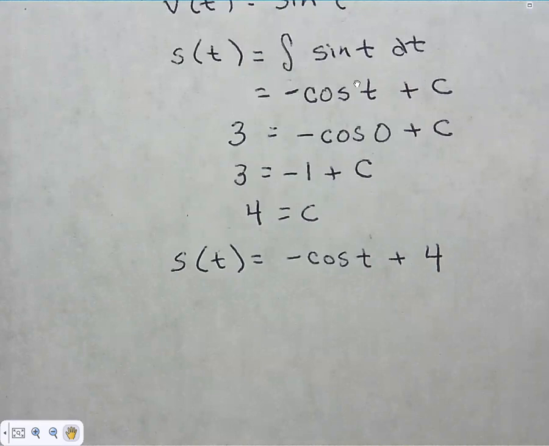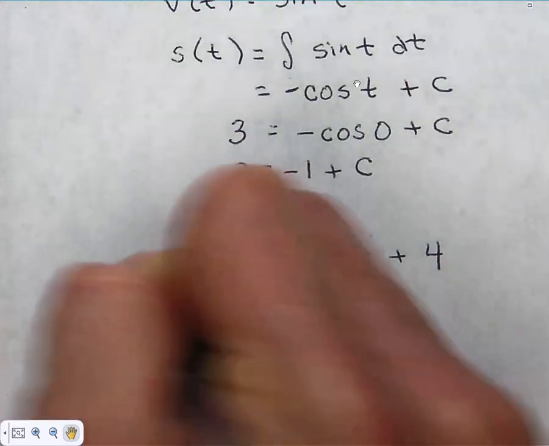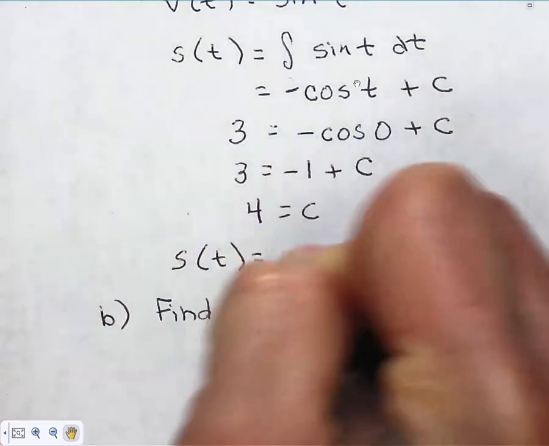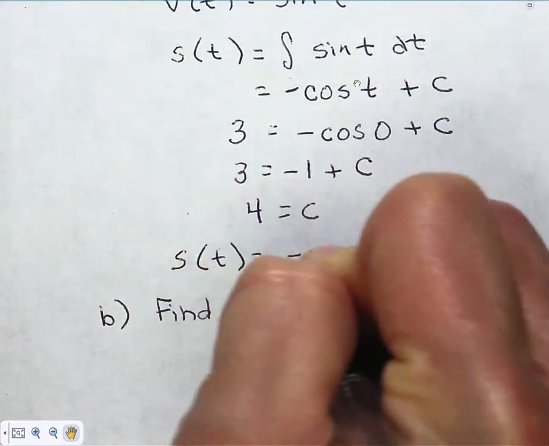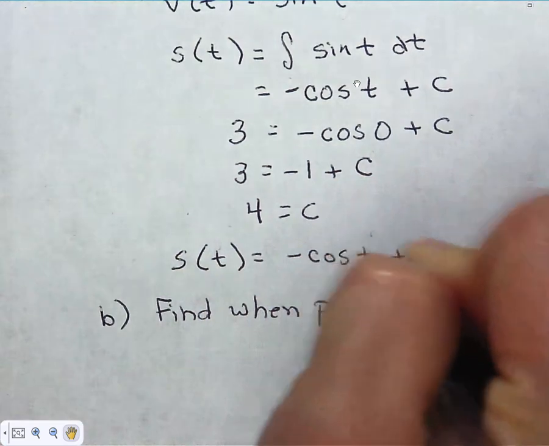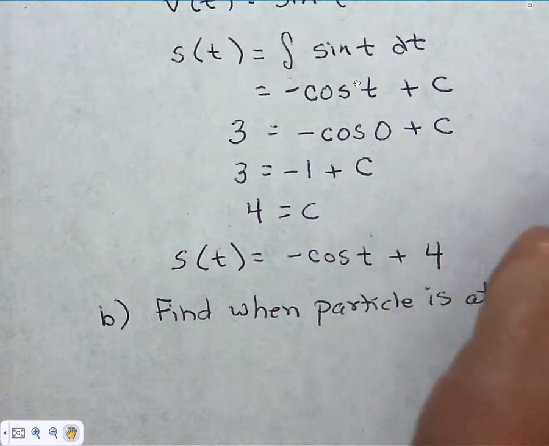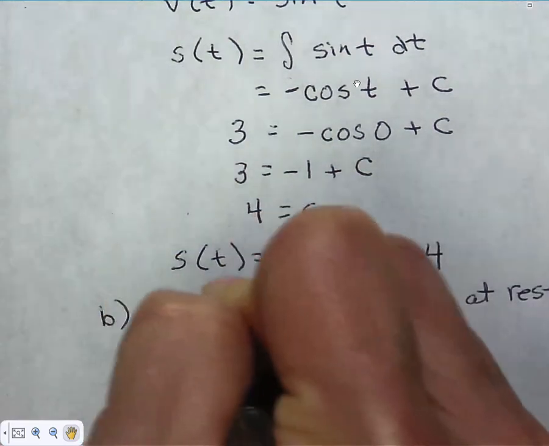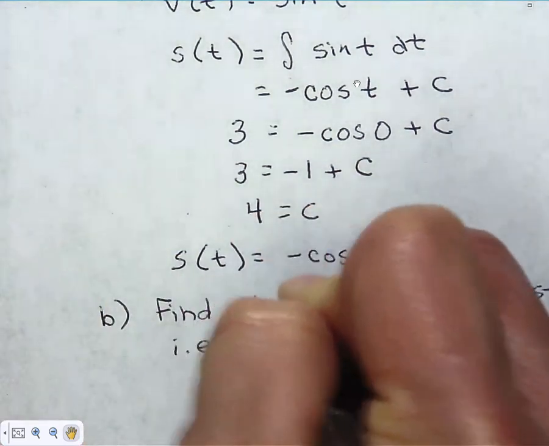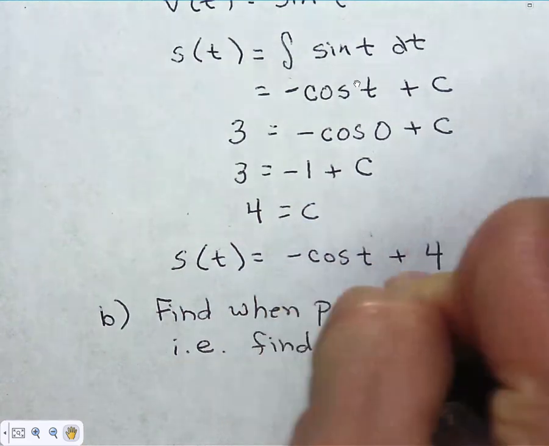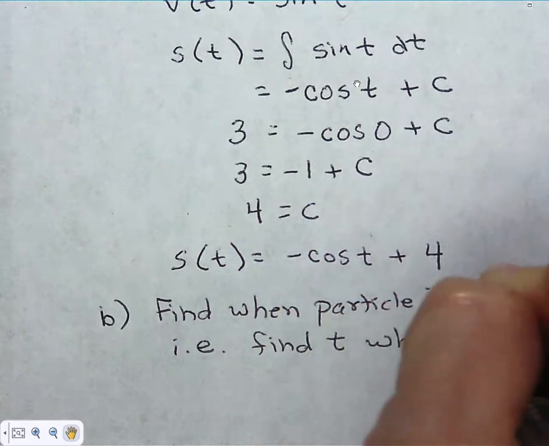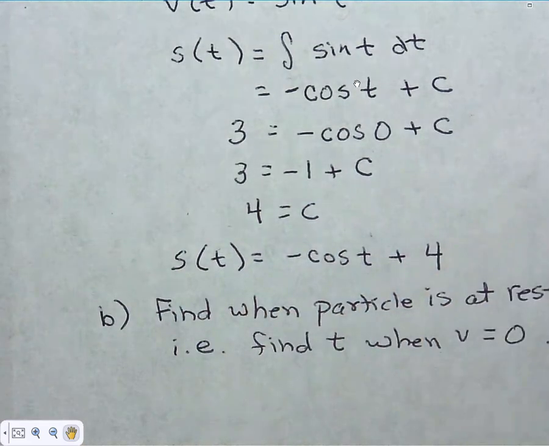That's what at rest means. So find when the particle is at rest means find t when the velocity is 0.